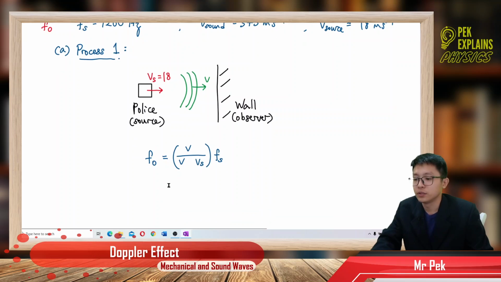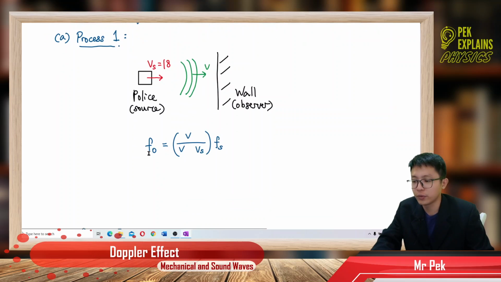So we want to find the frequency observed by the wall, which is equal to V over V plus or minus Vs, times Fs. At the top there is no velocity of observer, because the observer is not moving. Only the source is moving, so we have Vs below.